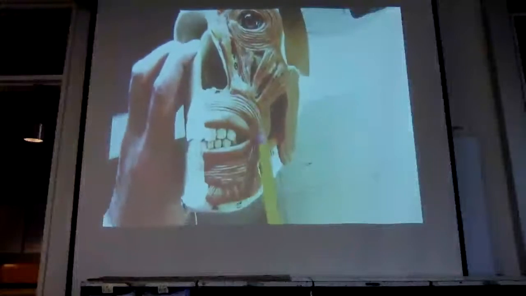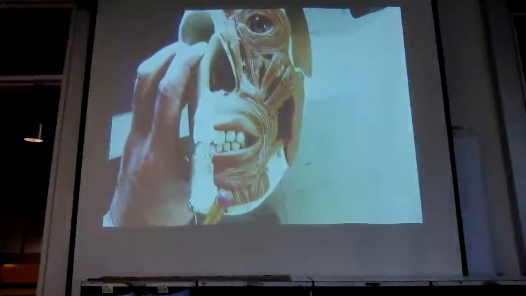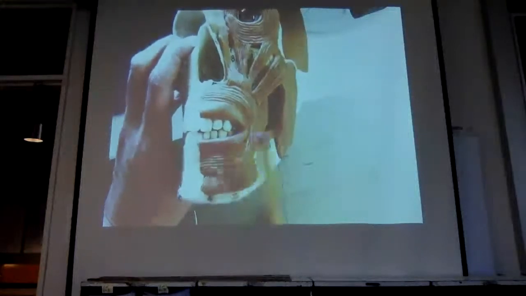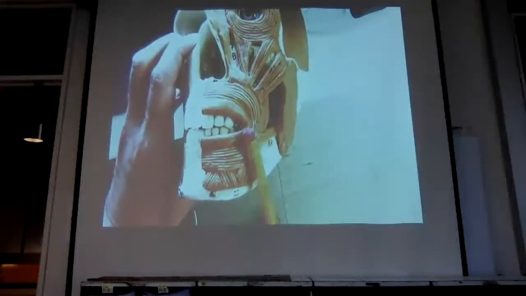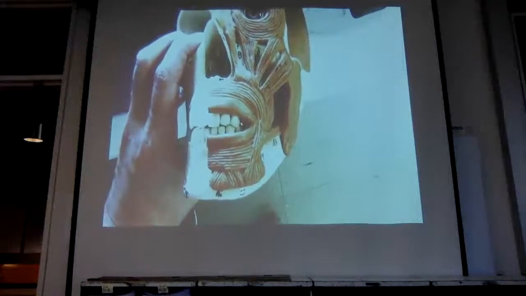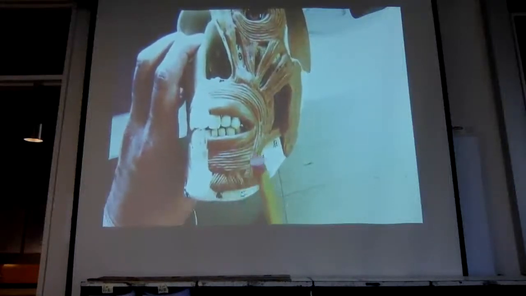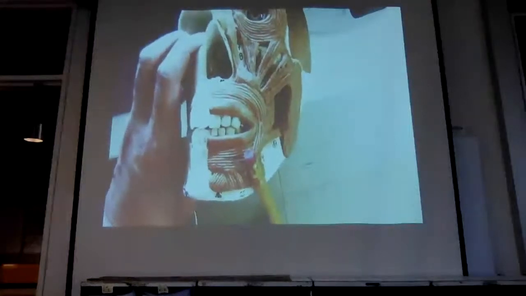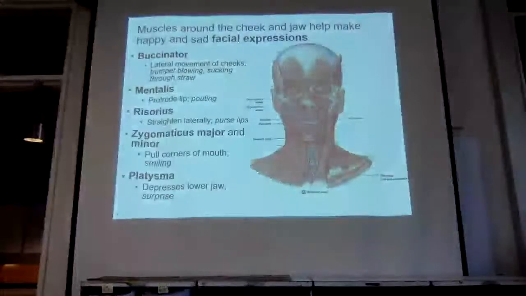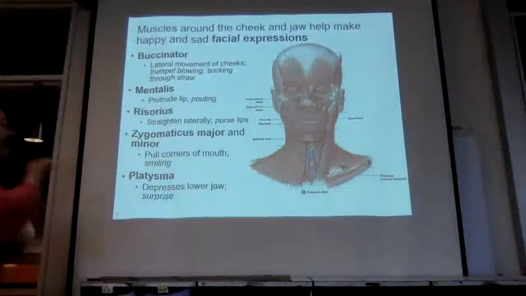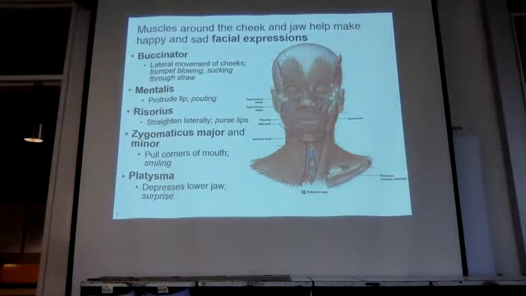Orbicularis oris, mentalis, depressor labii inferioris, depressor anguli oris. So from medial to lateral: mentalis, depressor labii inferioris, depressor anguli oris. These three muscles are for pulling your lip laterally in some way.